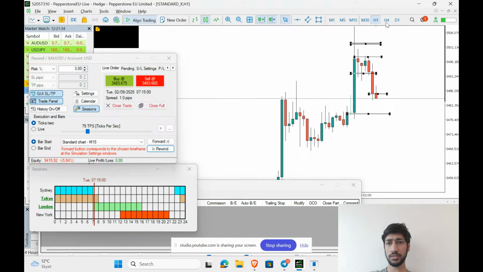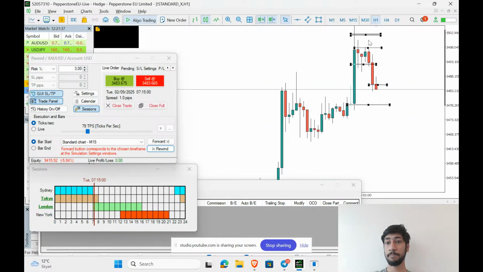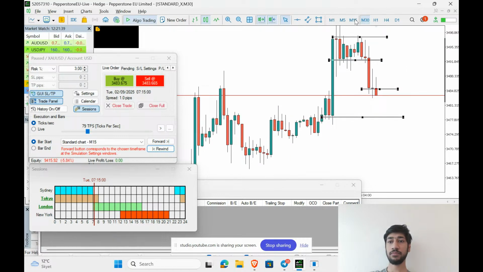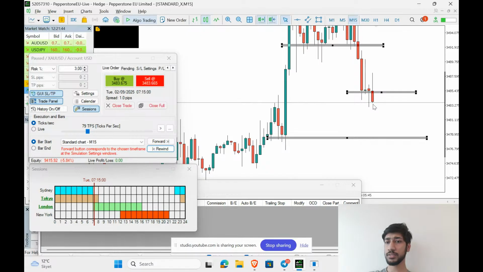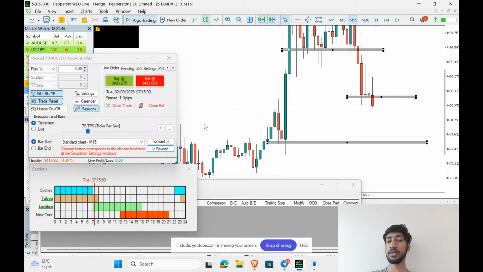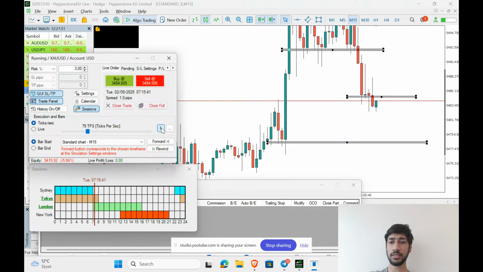See, H1 is closing, moving down. M30 is just whatever. M15 is closing bearish, and we have clean range to move. So if this candle wicks up and breaks below the low, we have very high possibility to fill this range below. Just like that, wick up, break below its own low. I don't think it will break.